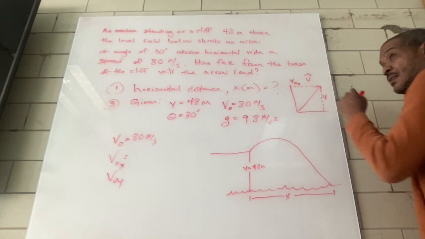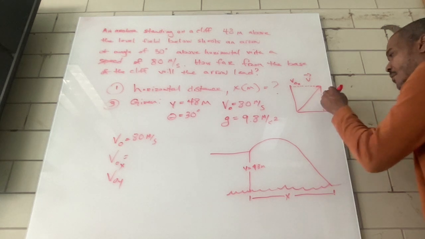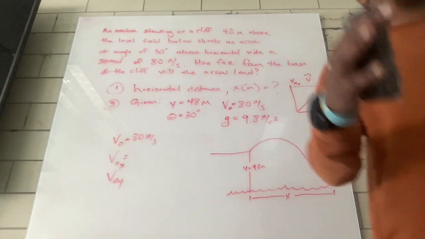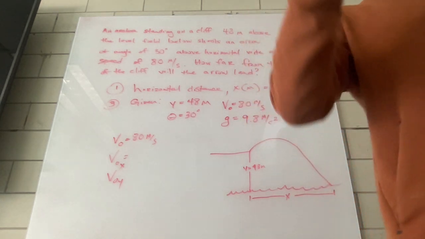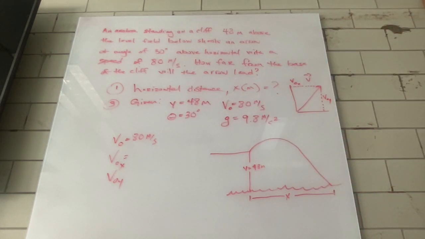V0y, yes, the y component of V. It tells me how far the vector V goes in the y direction, just like V0x tells me how far the vector V goes in the x direction.